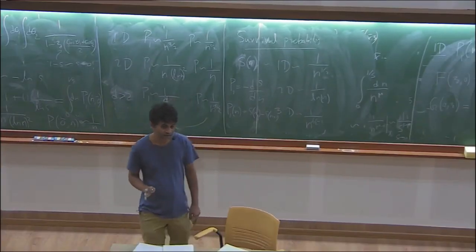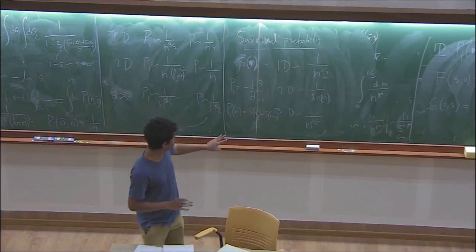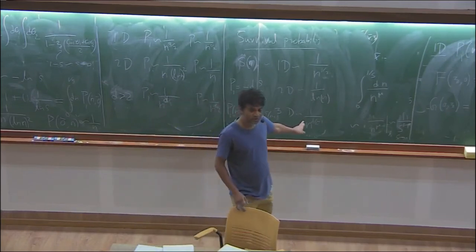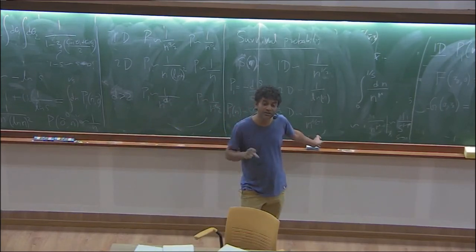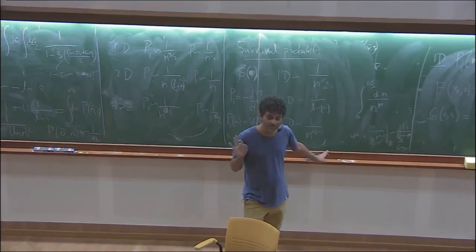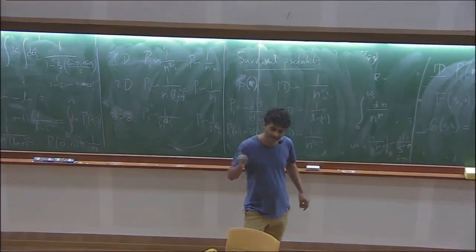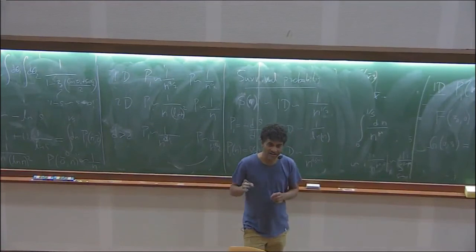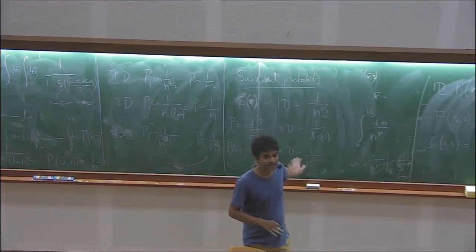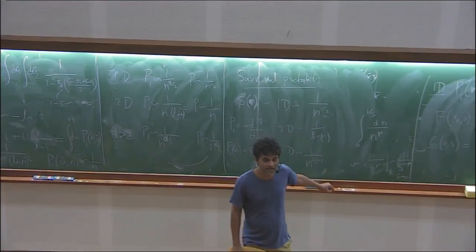So this is the survival probability of those particles which do return. They of course don't survive, right? This is like a conditional survival. You can think of this as a conditional.